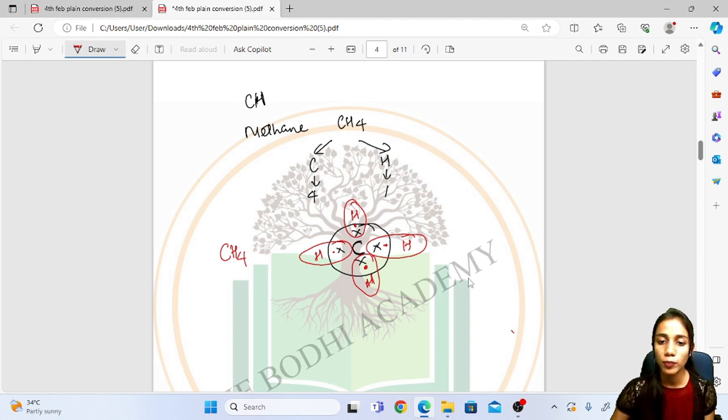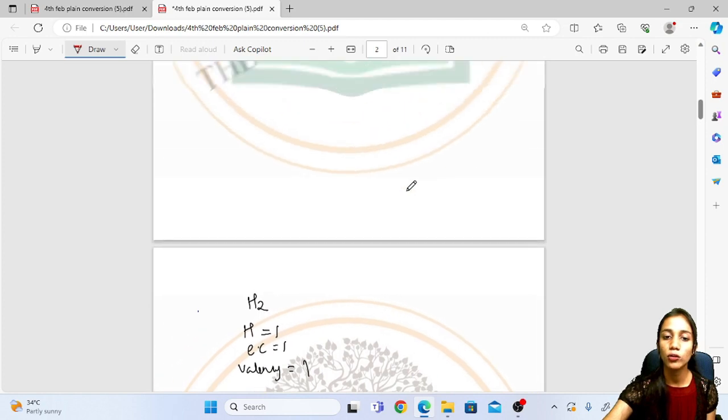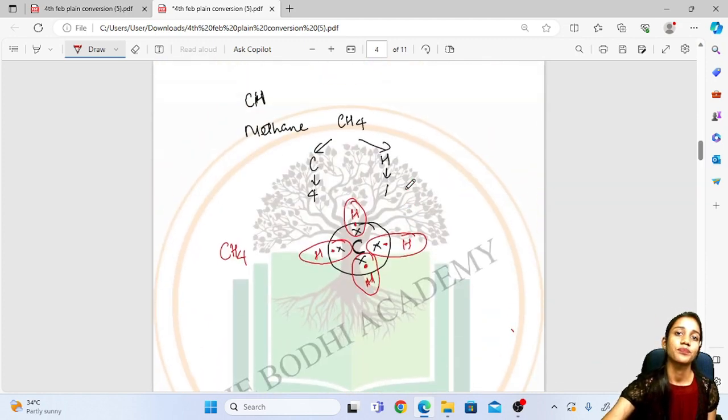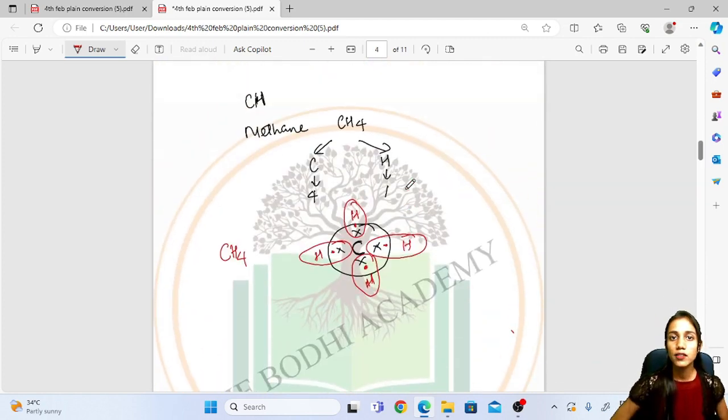The dots represent the electrons of hydrogen and the crosses represent the electrons of carbon. So the compound here is CH4. These are some of the examples of how the atom of an element shares its valence electrons with monovalent elements.